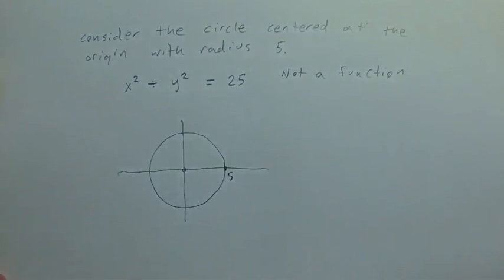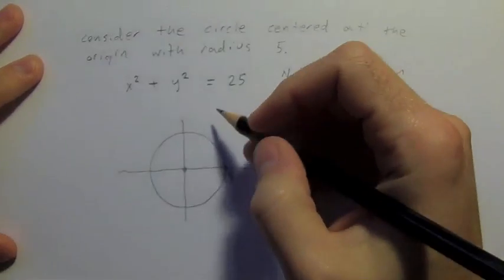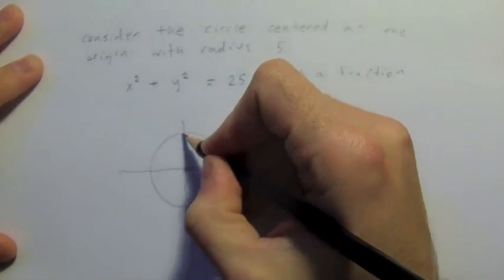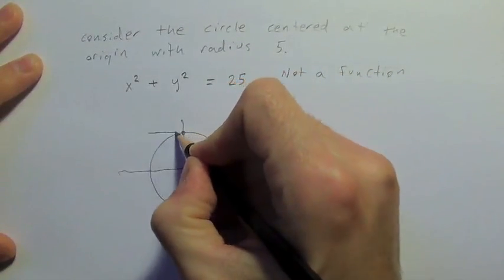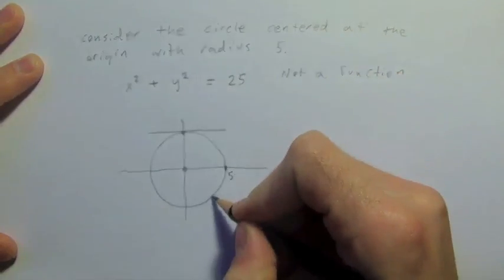So here's our circle, centered at the origin with radius 5. And the reason I bring up a circle is because the idea of a tangent line, the first time you all probably saw that was in geometry with circles, right? This would be a tangent line of a circle.